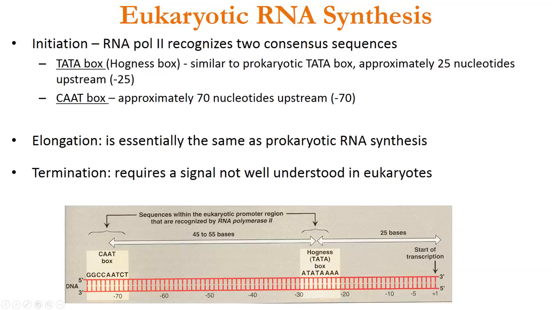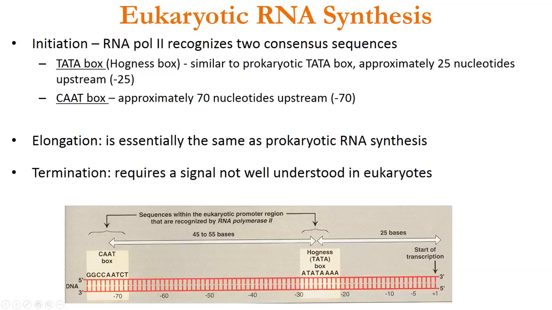But once again, it's rich in AT base pairs, so it's going to be able to be separated so we can open up that transcription bubble. Okay? And you also have the CAT box. Once again, these 2 are also going to serve to line up the RNA polymerase in the correct spot to begin transcription at the +1 nucleotide.